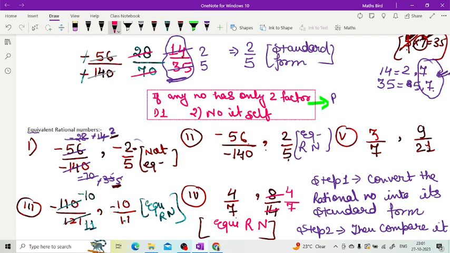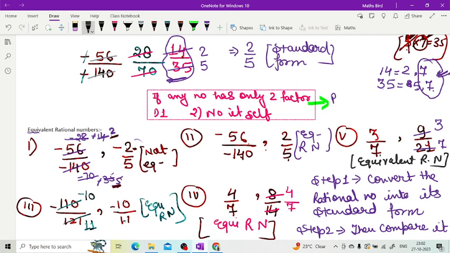Again 3 by 7 and 9 by 21. 3 by 7 is already in standard form. 9 by 21: 3 threes are 9, 3 sevens are 21. 3 by 7. See, the standard form is the same. If the standard form is the same, that means we can say this is an equivalent rational number, right?